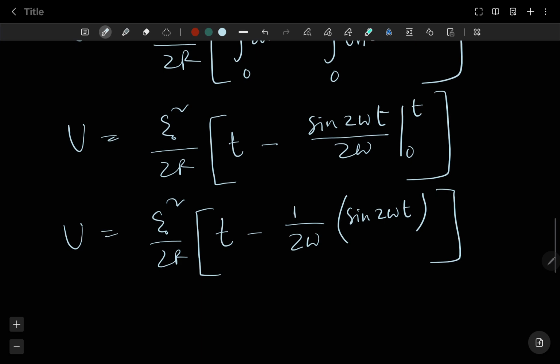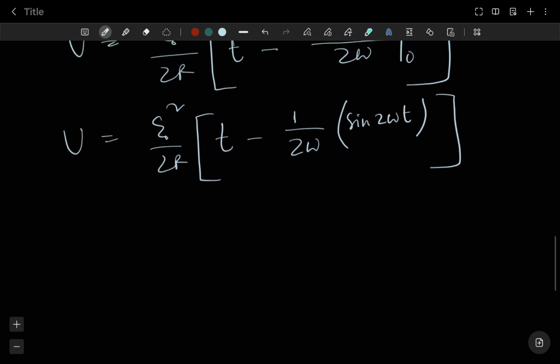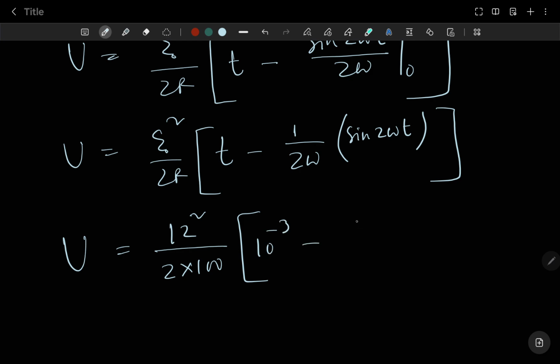Now you see, omega is 250 pi, right? So if I put it here, epsilon 0 is 12, so 12 square by 2 into 100. Now t is 1 millisecond, that means 10 to the power minus 3 seconds, minus 1 by 2 omega into sine of 2 into 250 pi into 10 to the power minus 3.